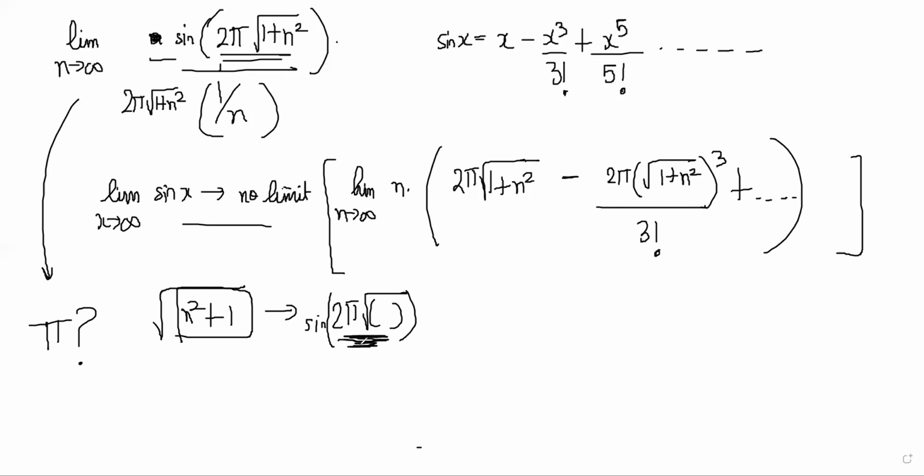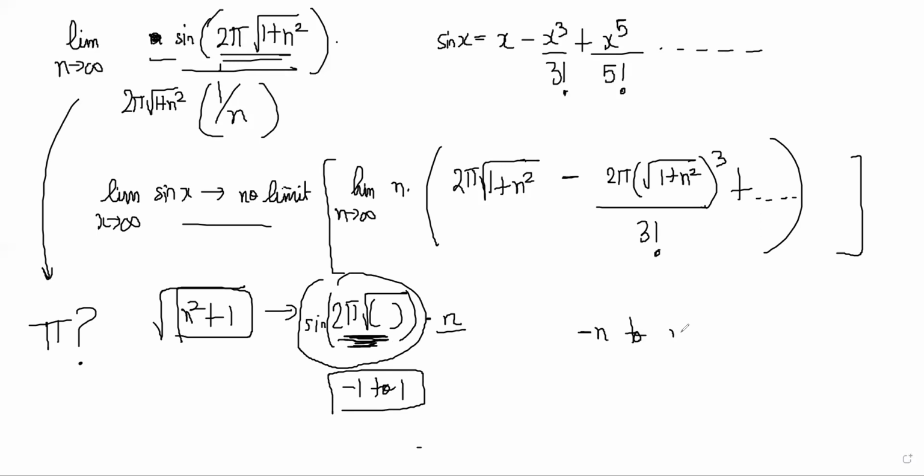But the problem is that there is an n here, right? So this thing is never 0, and the sine is between -1 to 1. So the answer will be between -n to n. But how will you find the limit? It is tending to infinity. I don't think there should be a limit to this.